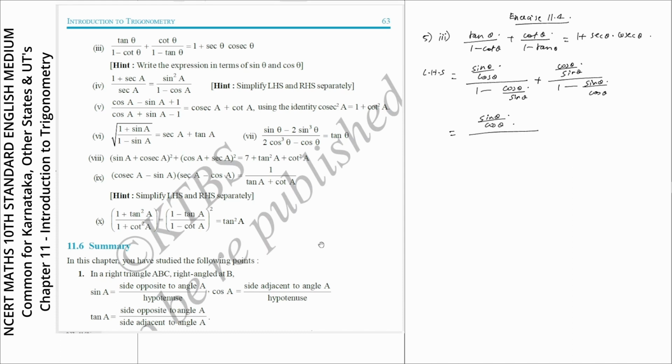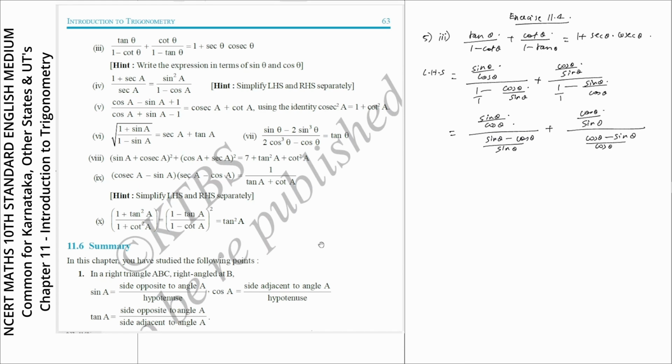Here if I take LCM, I'll get sin theta. 1 means it is 1 by 1, okay, here also. Then I'll get sin theta minus cos theta, plus here cos theta by sin theta. So here also I'll take LCM, cos theta in the denominator, so cos theta minus sin theta I'll get.